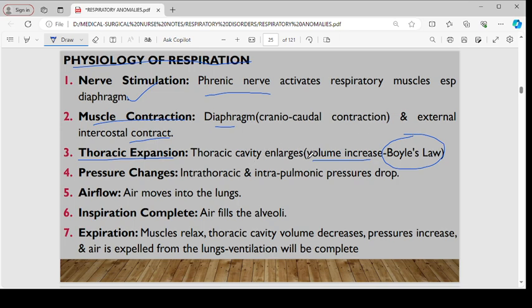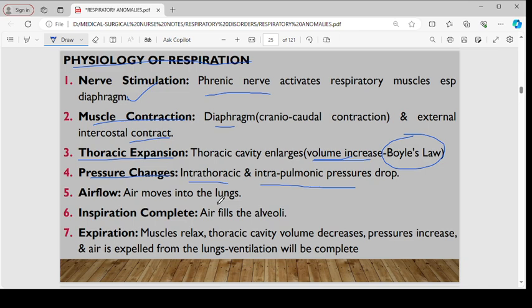So when the volume has increased, we're going to have a corresponding decrease in pressure according to Boyle's law. So we are going to have a drop in intrathoracic and intrapulmonic pressures, and this will allow air to move into the lungs.